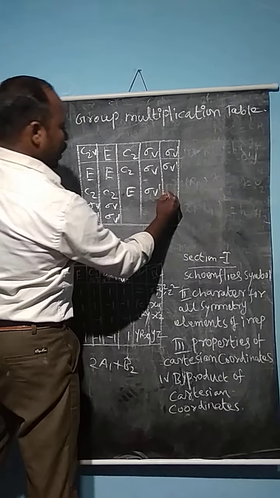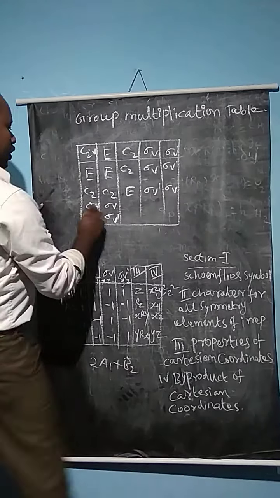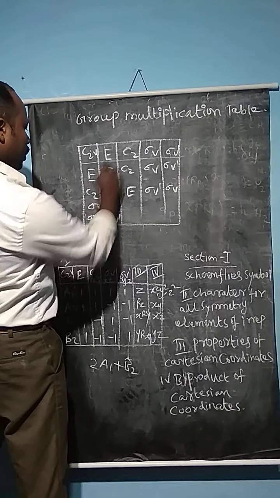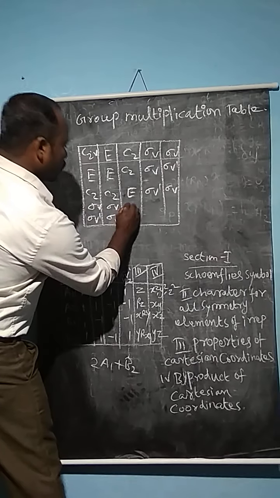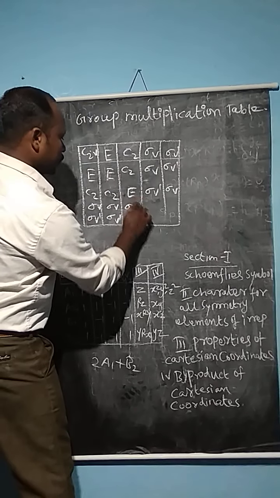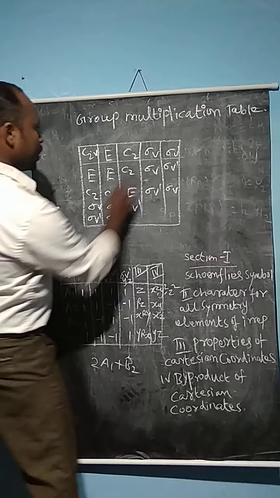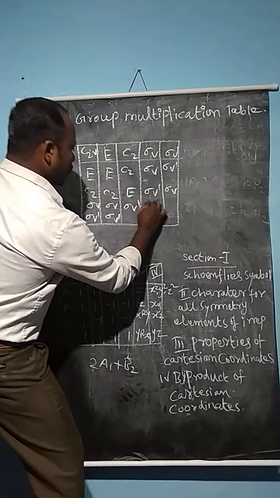C2 into sigma v dash gives sigma v. Sigma v into E gives sigma v. Sigma v into C2 gives sigma v dash. Sigma v into sigma v becomes E.